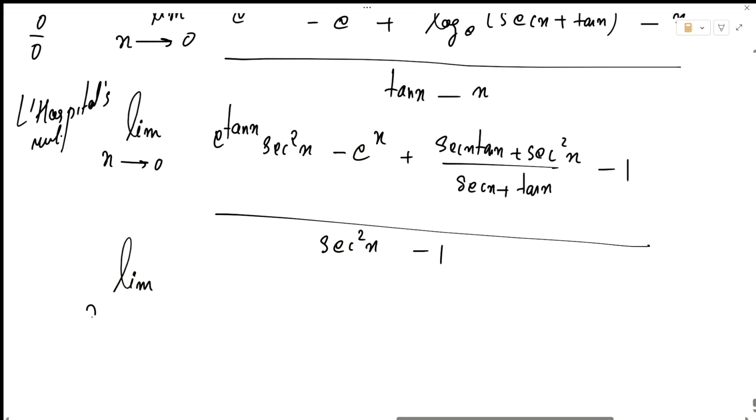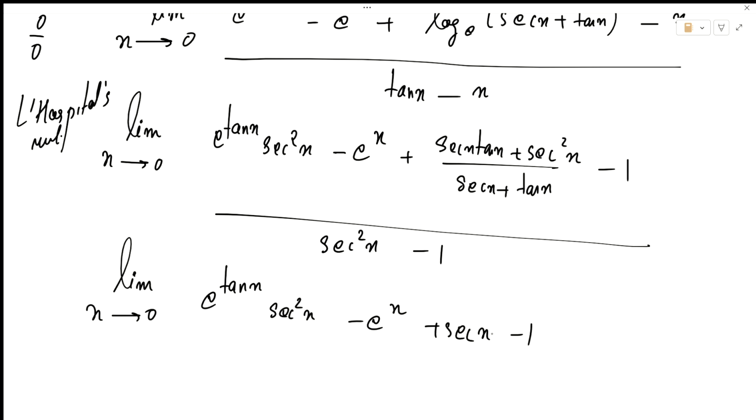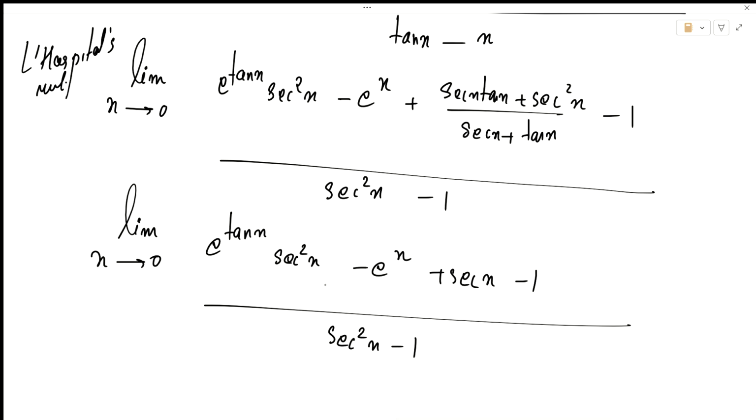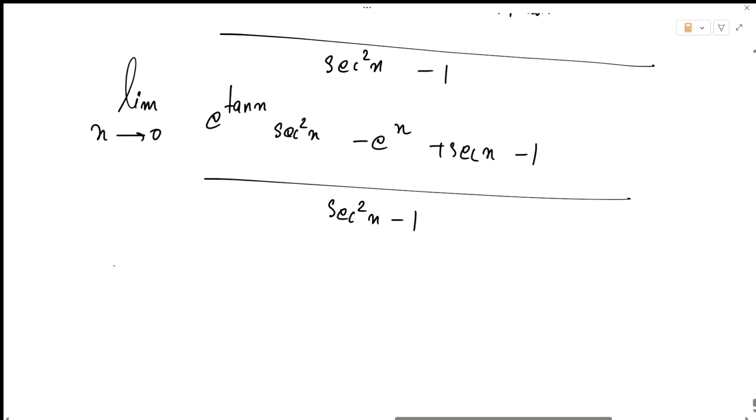This is limit x tends to 0, e to the power tan x sec square x minus e to the power x. If you factor the sec x over here, you will get sec x minus 1, and on the bottom I'm gonna get sec square x minus 1. Now the idea is, you add and subtract e to the power tan x.